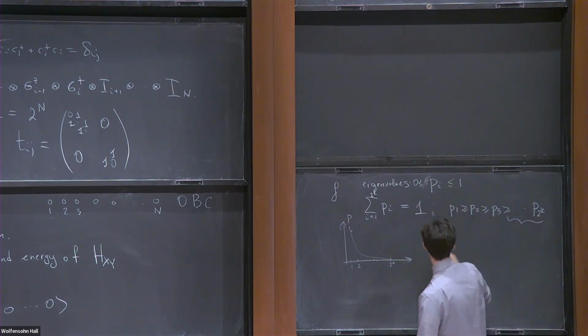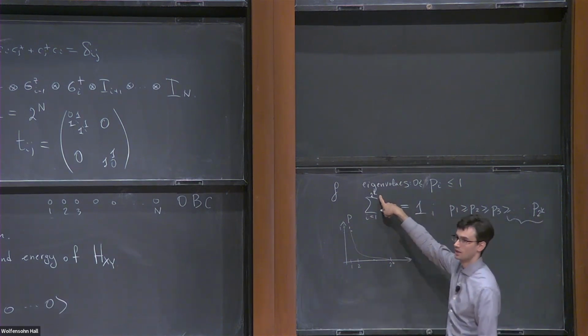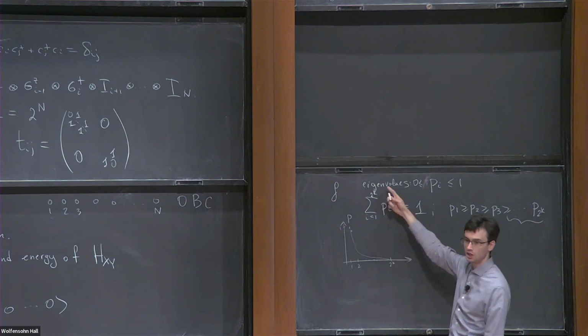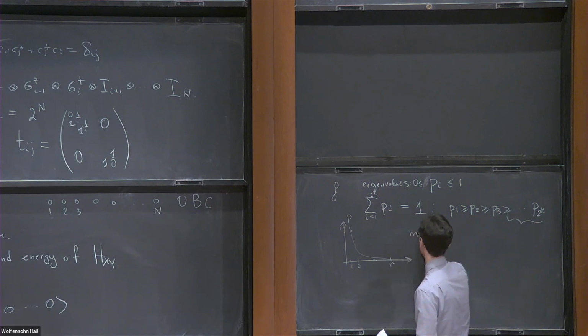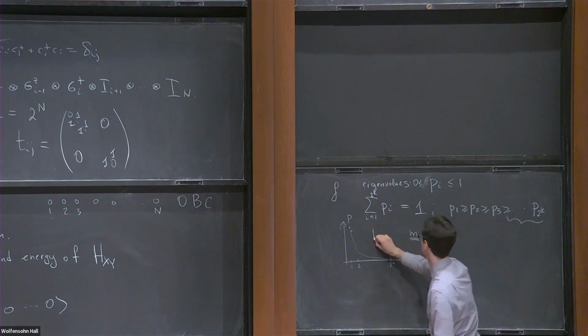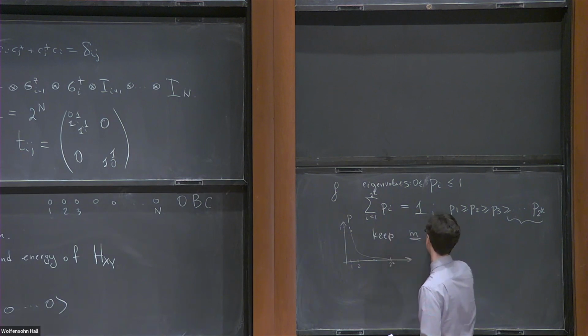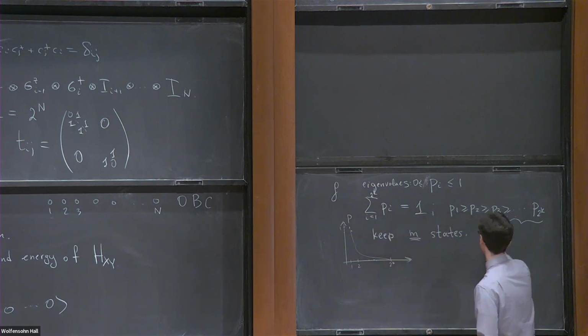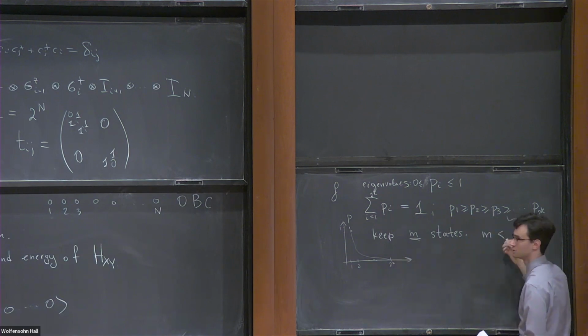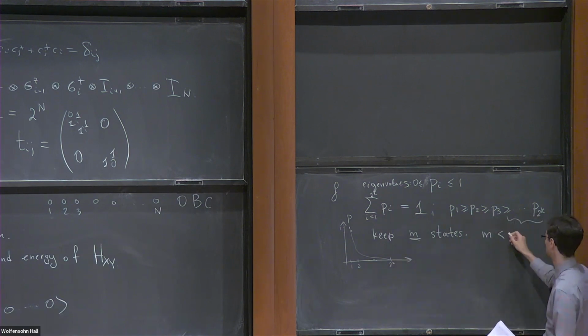Initially, since we had k sites in the chain, we have 2 to the k states, but now we keep only m states, the m most probable states, where m is usually of order tens or hundreds, much smaller than 2 to the k.